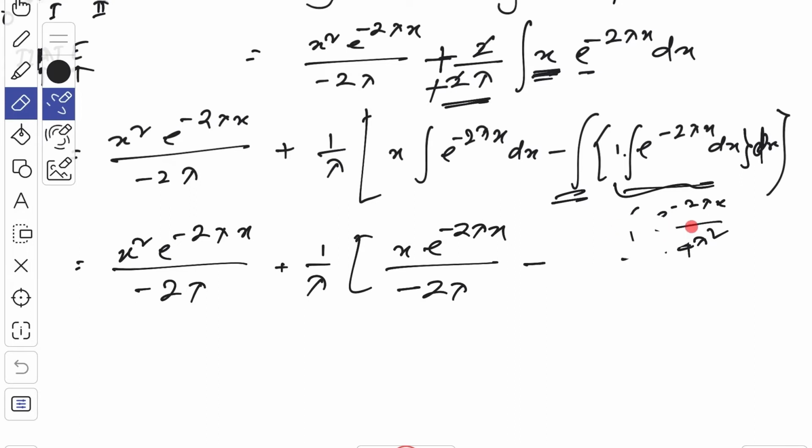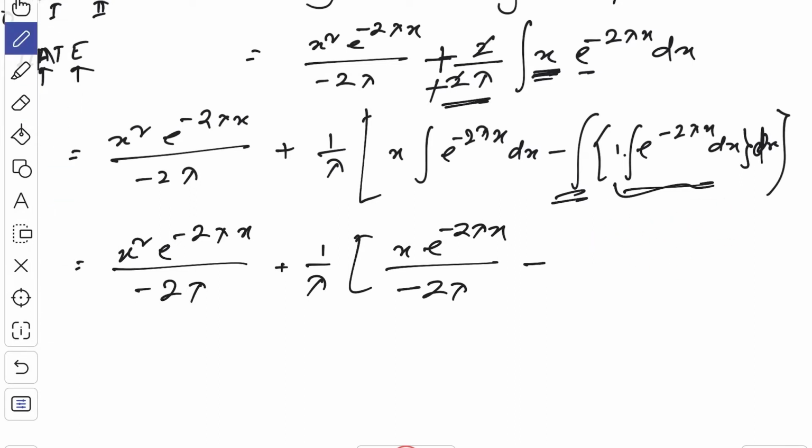So what we have got is e to the power minus 2 lambda x by 4 lambda square.